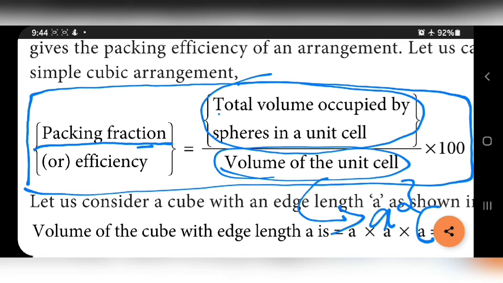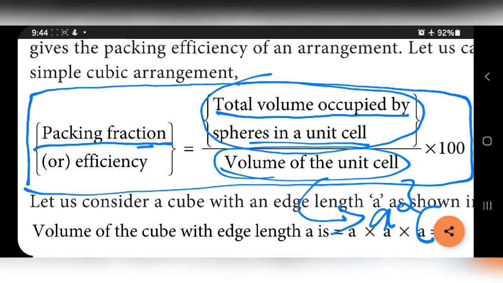How can we calculate the total volume occupied by the spheres? You must know two details: first, the volume of one sphere, and second, how many total atoms, one atom or two atoms or three atoms, are present in the unit cell.